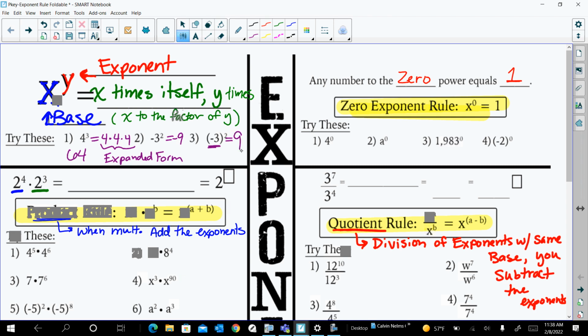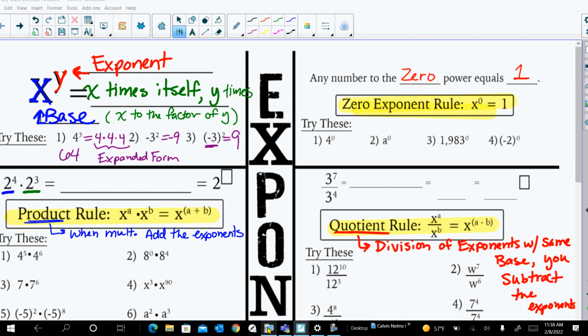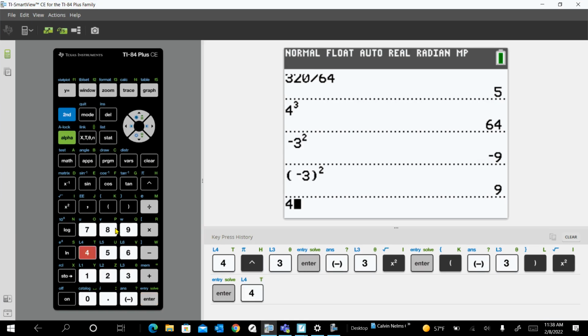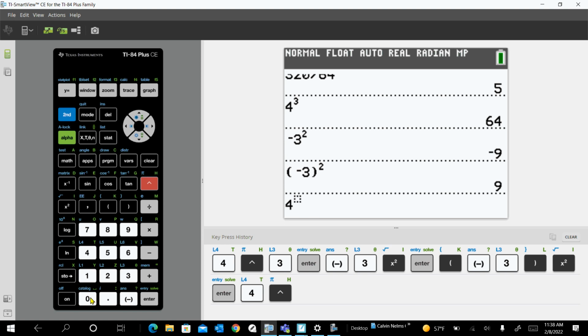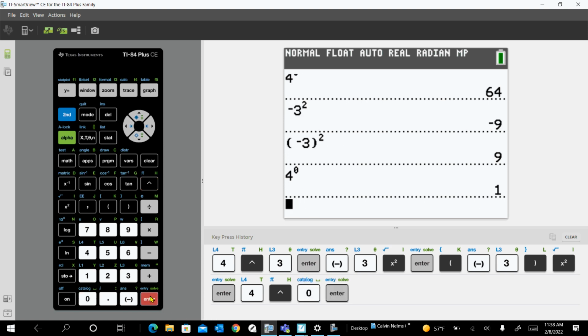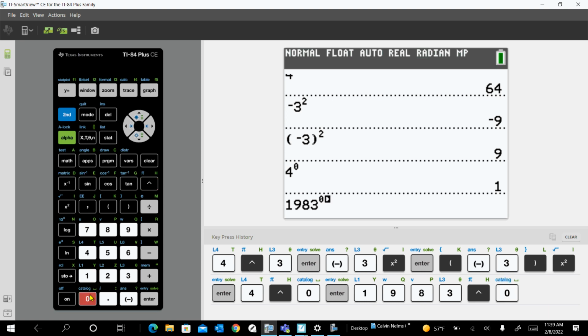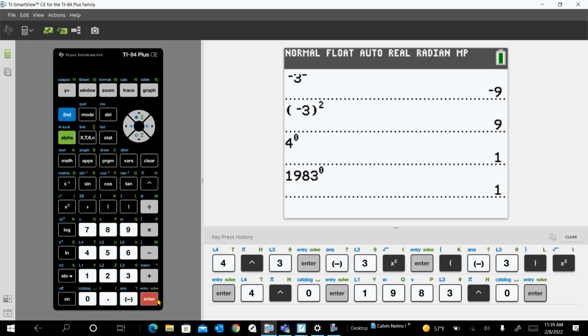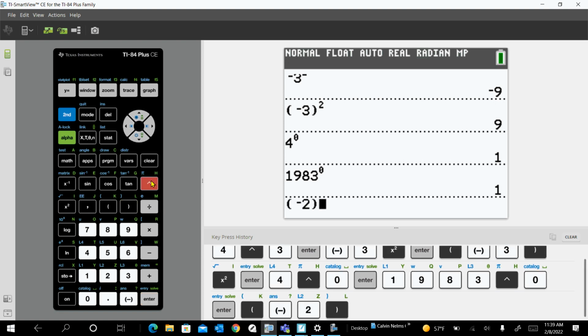All right, so we're going to check your 0 exponent. Just watch what happens. Do 4 to the power of 0. If you forget, you should be able to type it in the calculator and see your answer. Same thing if I did 1983 to the power of 0. Do we see a pattern here? If I did a -2 to the power of 0.